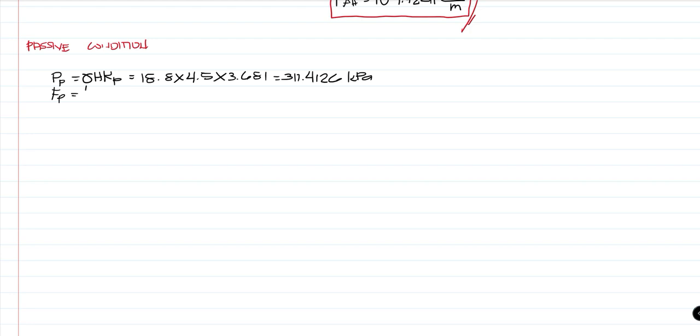So that will be 1/2 P sub P times H. So that will be equivalent to a value which is equal to 1/2 times 311.4126 times 4.5.